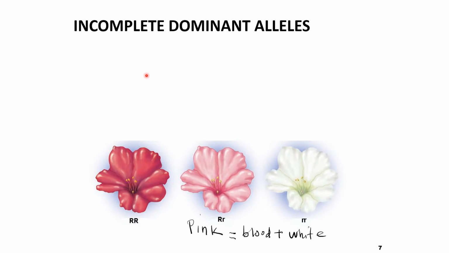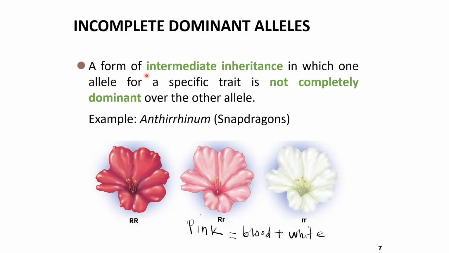Incomplete dominance is a form of intermediate inheritance in which one allele for a specific trait is not completely dominant over the other allele. An example is the snapdragon flower. The difference between codominant and incomplete dominant is that codominant shows both characteristics of both alleles, but incomplete dominant shows the intermediate.